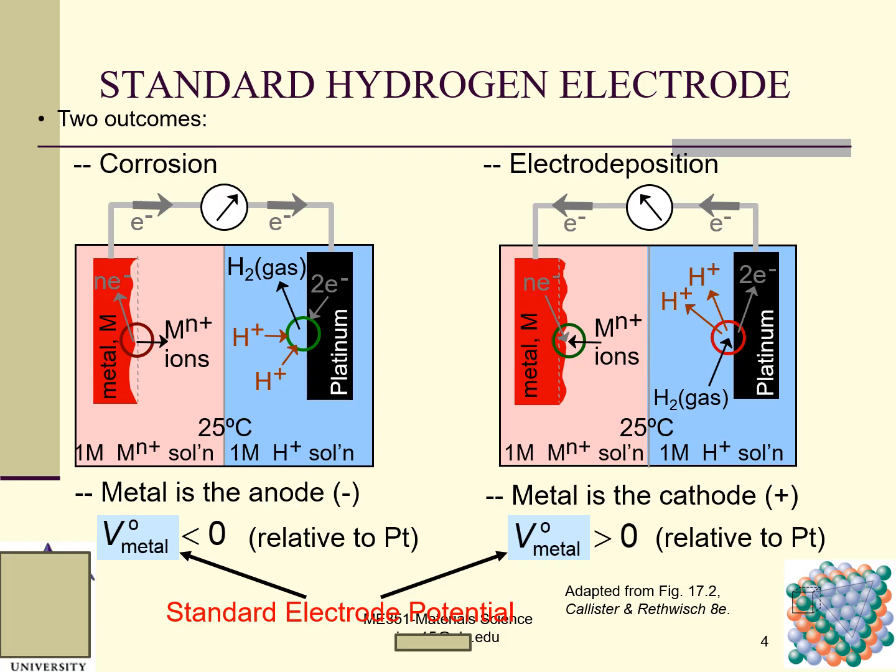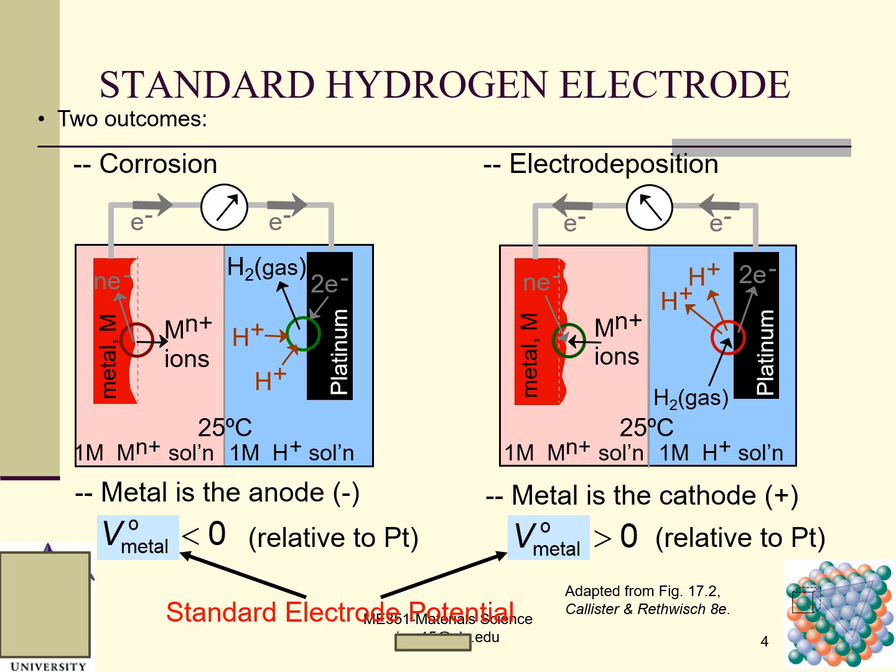Here we have hydrogen, and these are hydrogen atoms and two electrons. This is gas. The hydrogen gas molecule will become two atoms. The two atoms will release the electrons and become hydrogen ions.